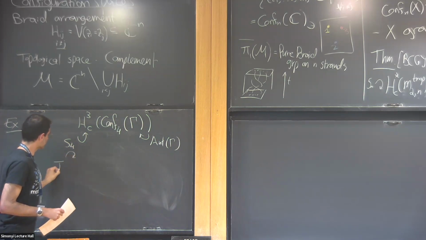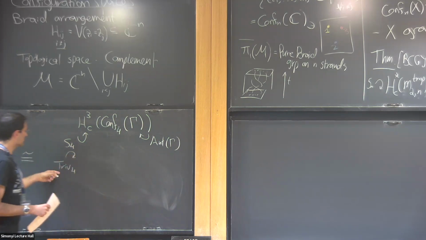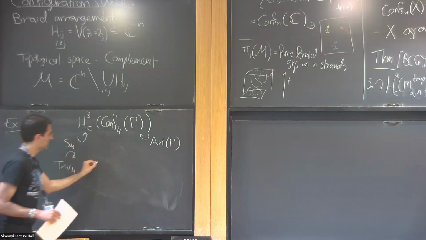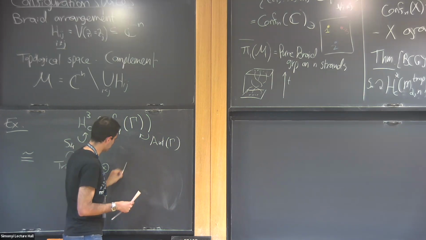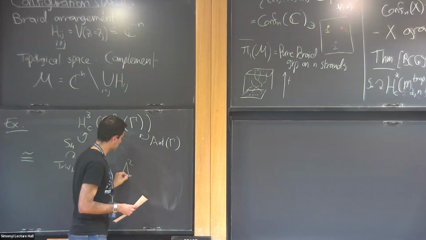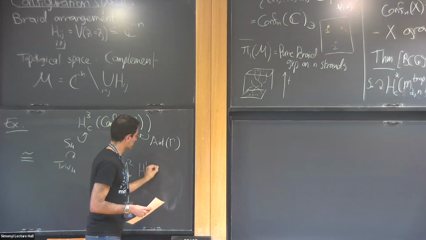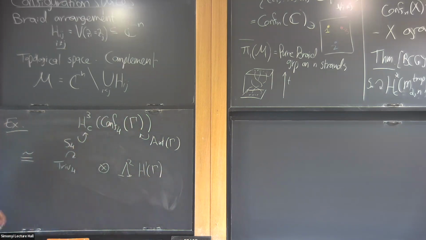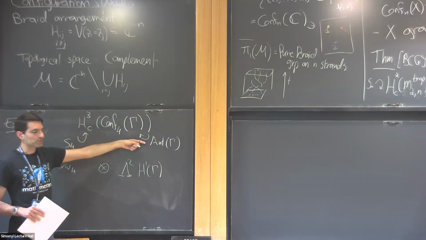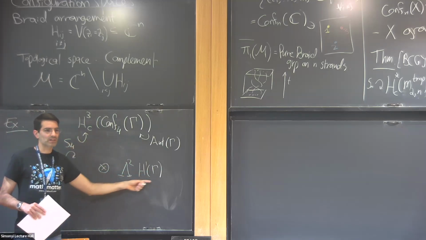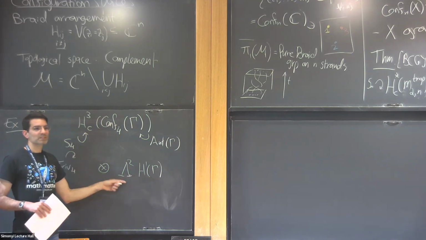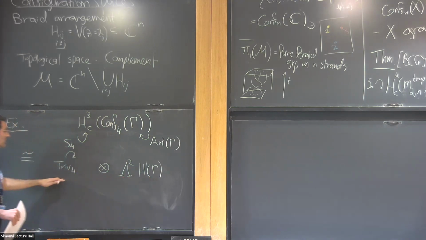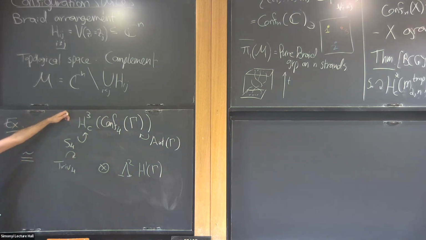First, there's a part in which S4 acts trivially, and that shows up decorated by this representation, the second wedge power of H1 of the graph. So there's a part that S4 acts trivially on, the automorphism group of the graph acts on the first cohomology of the graph, take the second wedge power. That's a summand inside this representation.